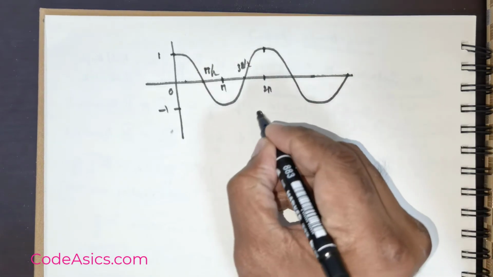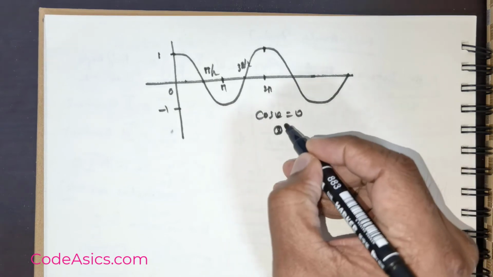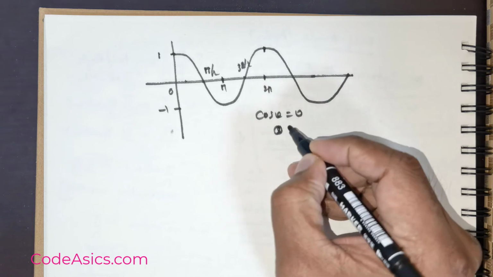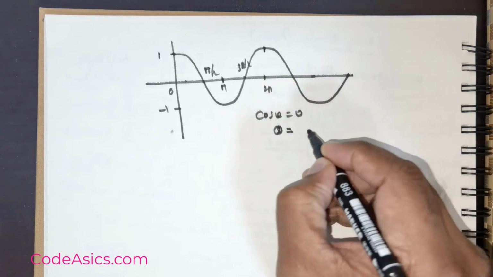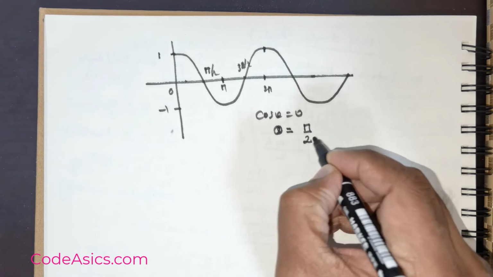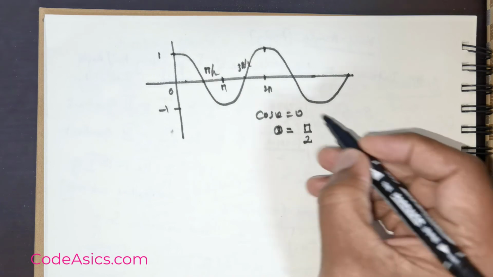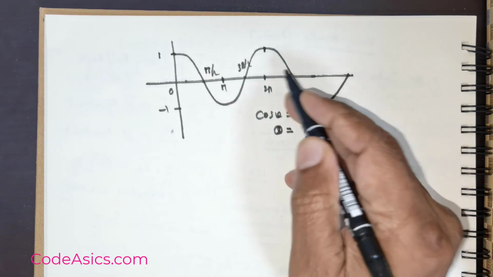So if you examine cos theta is equal to 0, the values for which cos theta will be equal to 0 would be the following: when theta is equal to pi over 2, it's going to be 0, and 3 pi over 2, and so on it goes.